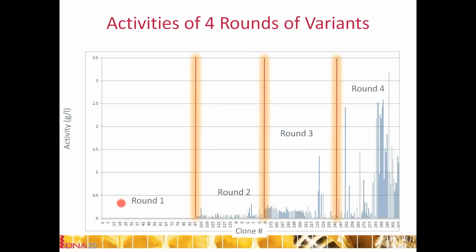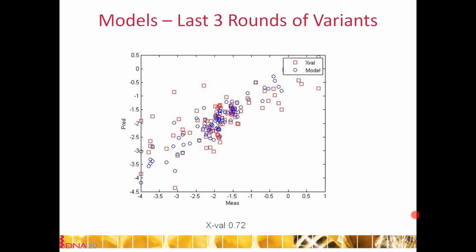And anyone who has looked at protein engineering slides before has seen slides like this, but I think the one thing to really point out here is that on the x-axis you're only looking at the total number of 307 samples tested throughout this entire endeavor, which is typically orders of magnitude less than what you typically see on these kinds of slides. And the best variant now is fulfilling all the criteria for commercial application. So if you now take the data, you can model that same corresponding data. You see very high correlation with a cross val of 0.7.